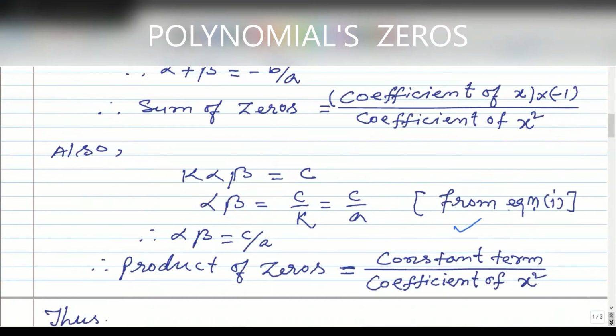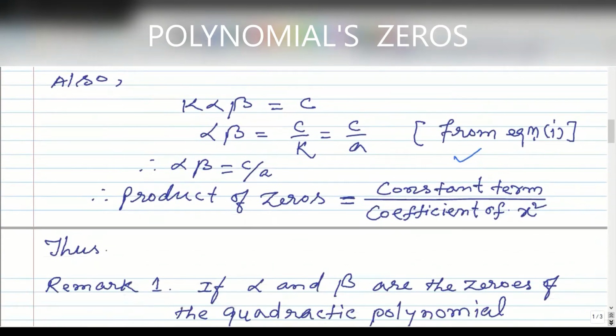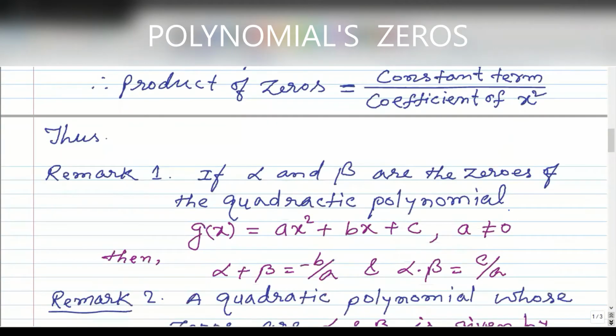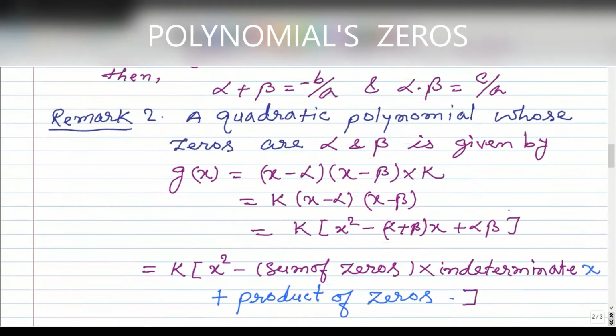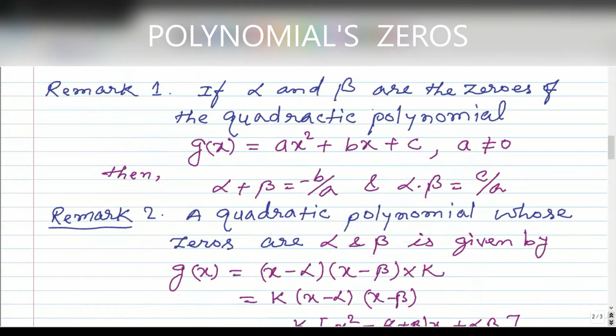Now, thus, remarks. If alpha and beta are the zeros of a quadratic polynomial, then the sum of the zeros is always minus b by a, and the product alpha into beta is always c by a.